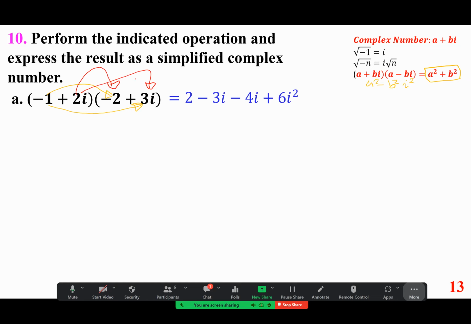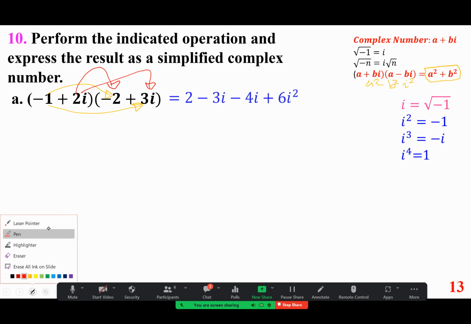Since i squared equals negative 1, so i by definition is the square root of negative 1. If you square it, it becomes negative 1. i cubed is the product of i squared and i, so i squared times i is minus i.